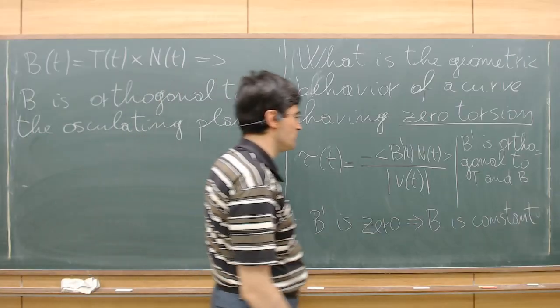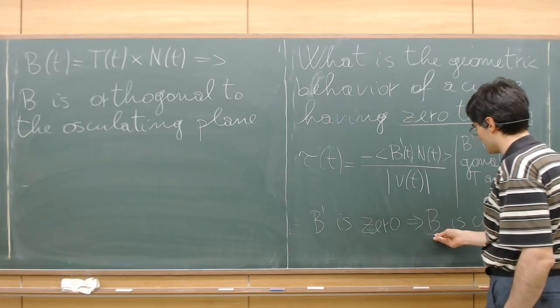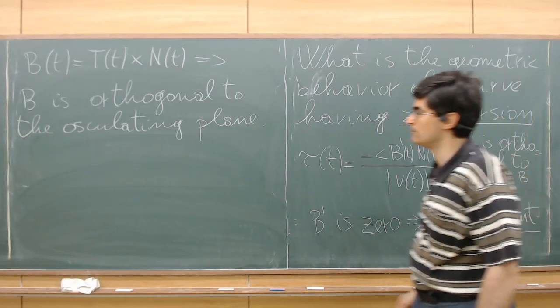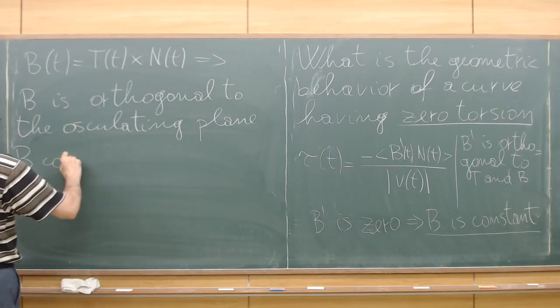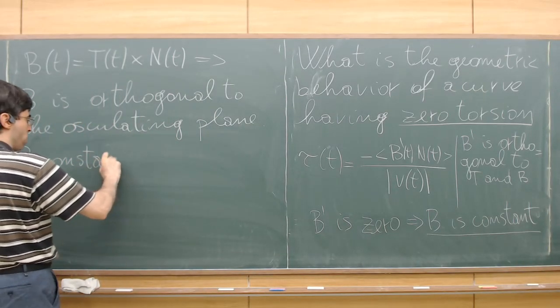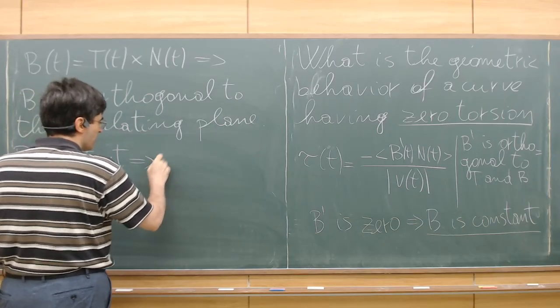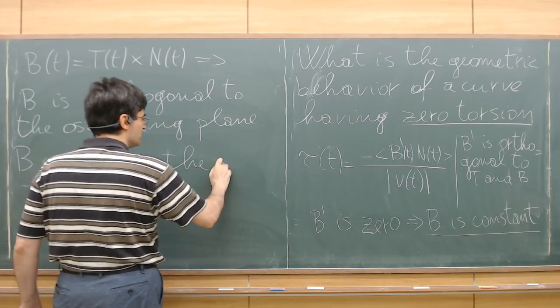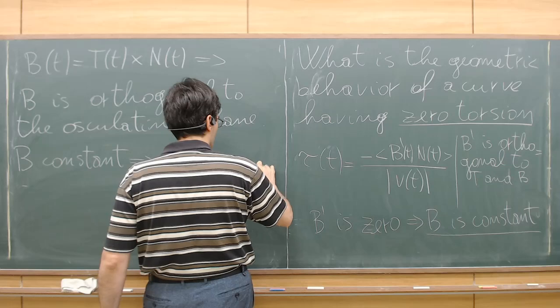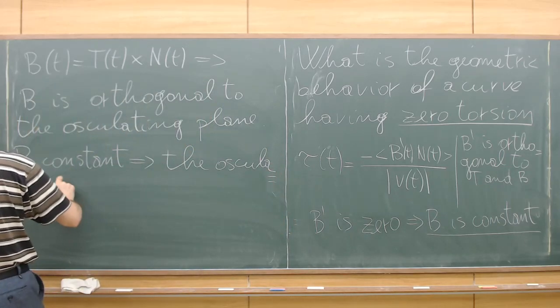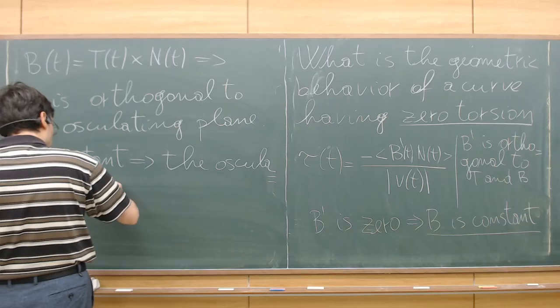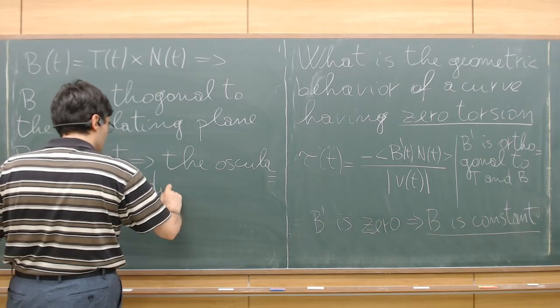Now, saying that B is constant implies that the osculating plane does not change.